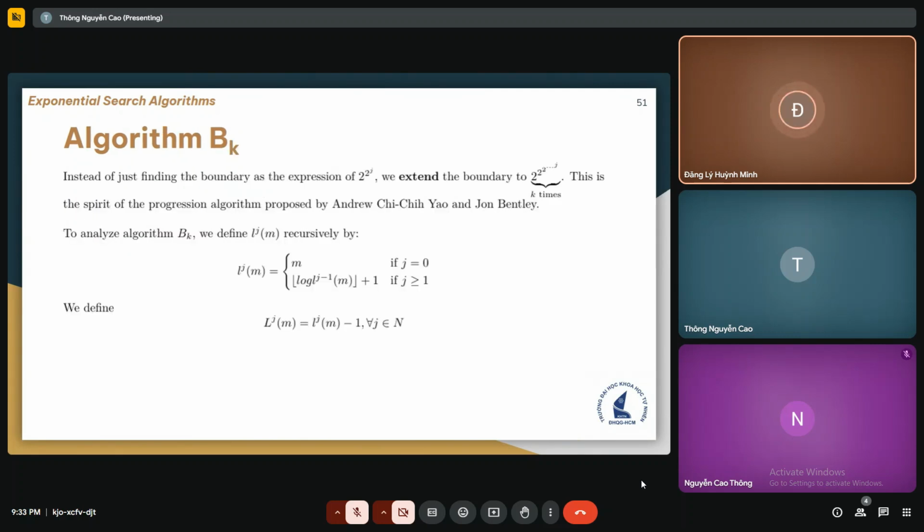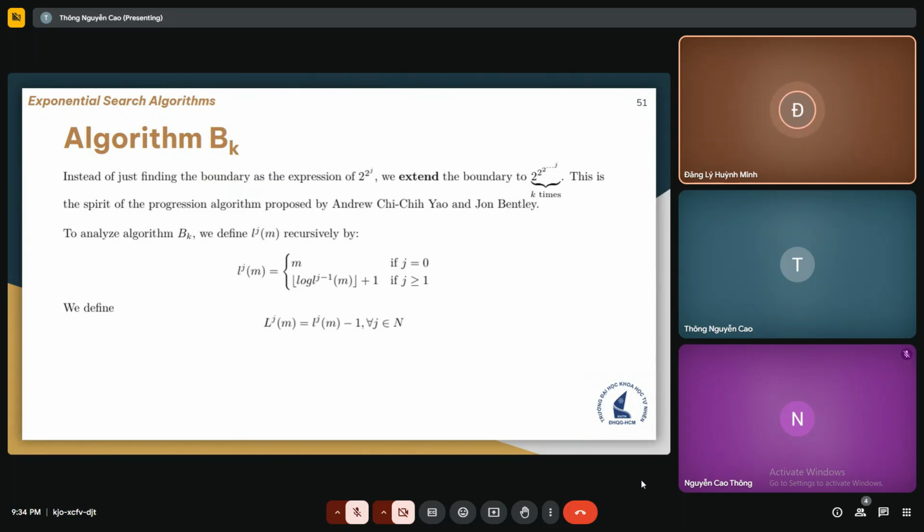Algorithm BK. And now we extend from algorithm B2. Instead of just raising to the power of 2 once, we now raise it k times. And now this is the spirit of the progression algorithm proposed by Andrew and John. To analyze algorithm BK, we define a function Lj(m) recursively as follows.